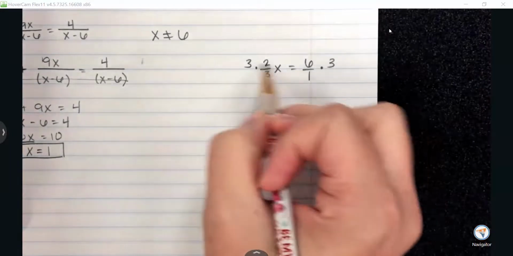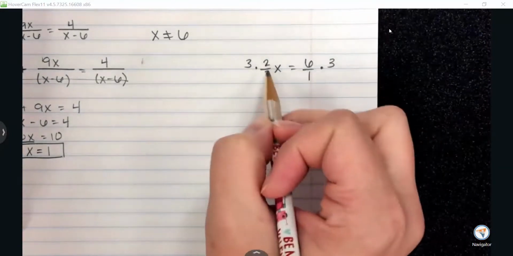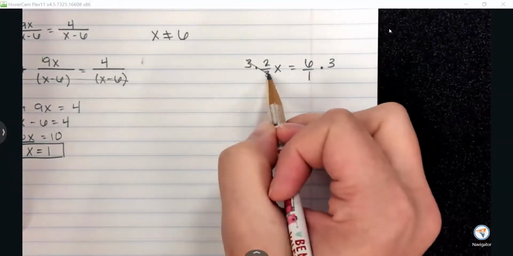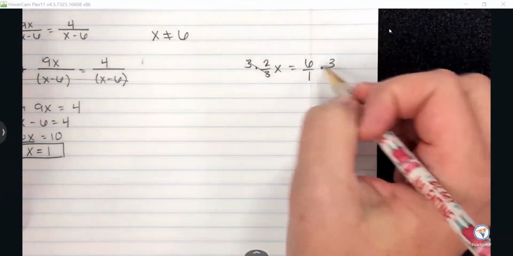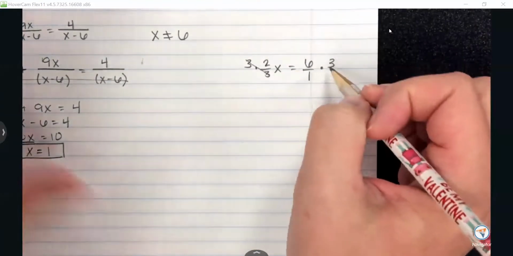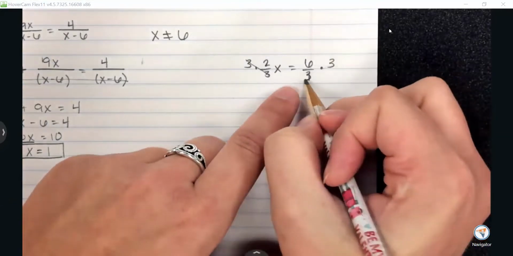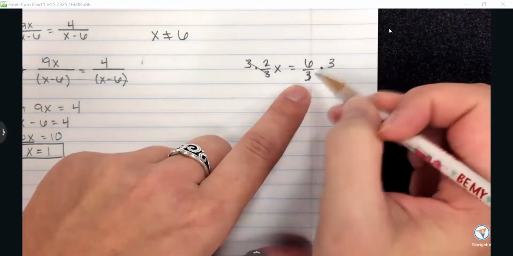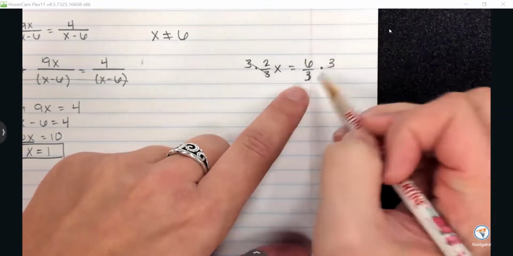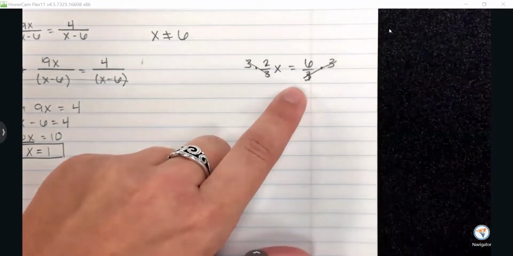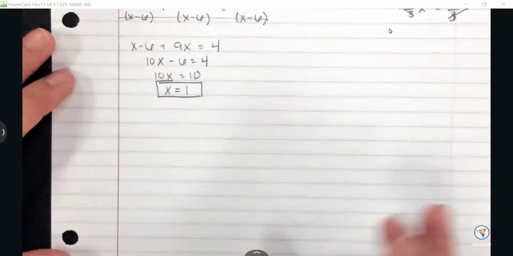Did I really multiply on this side? No, the whole purpose was to cancel it out, right? Now, on here, I would have to multiply because my denominators are different. But if this was the same denominator, would I have to actually multiply it? No, because again, they would cancel each other out. Okay? Okay. Any other questions?